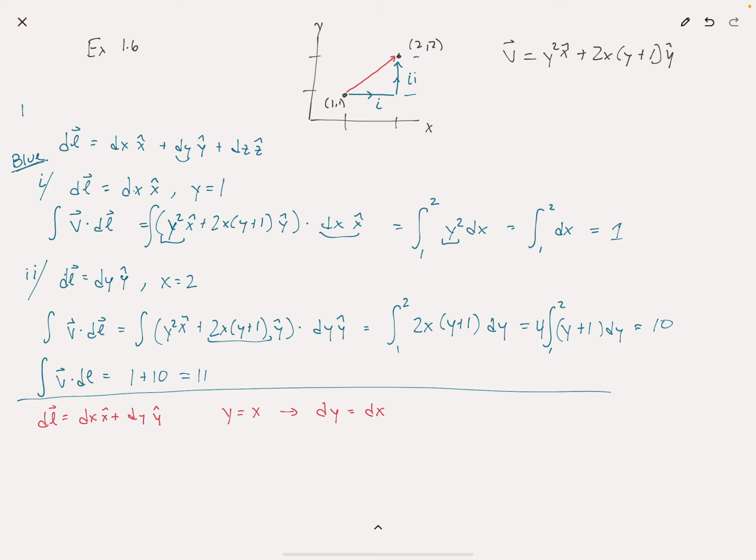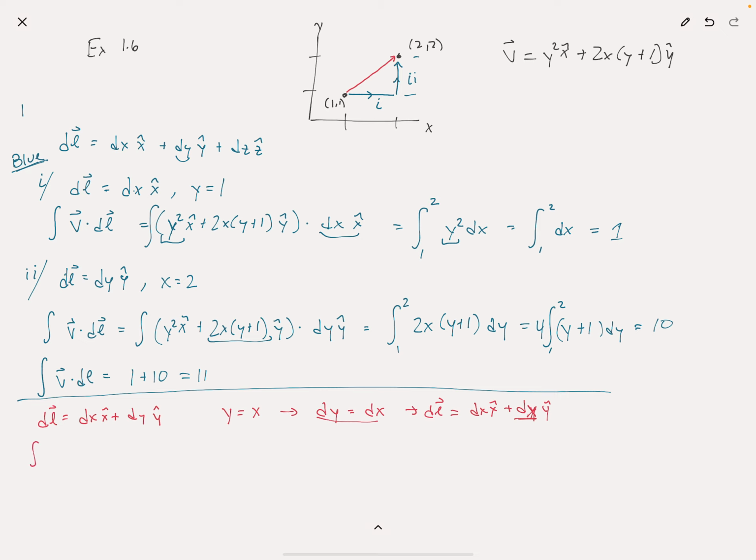All right. So since dy is equal to dx, I can go ahead and rewrite dl as dx in the x hat direction plus dx in the y hat direction. I can just plug it in here.